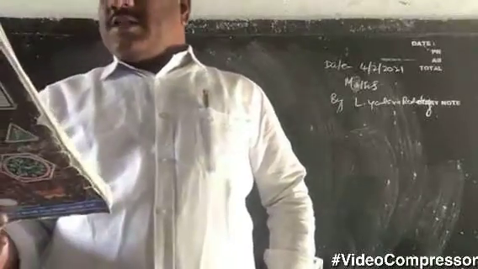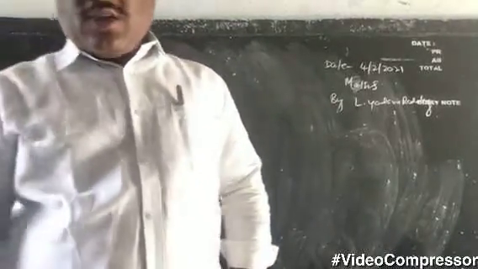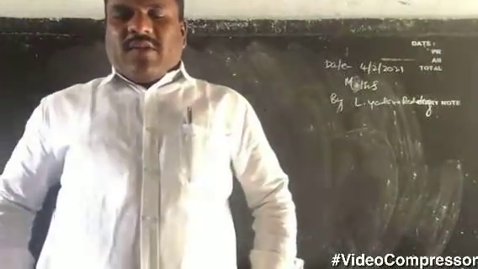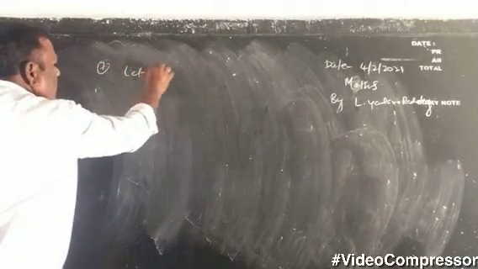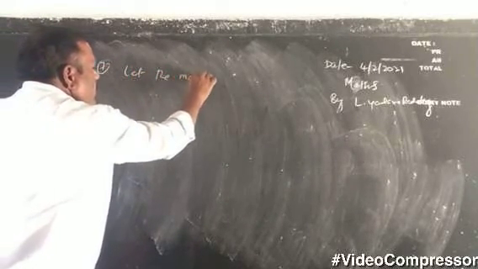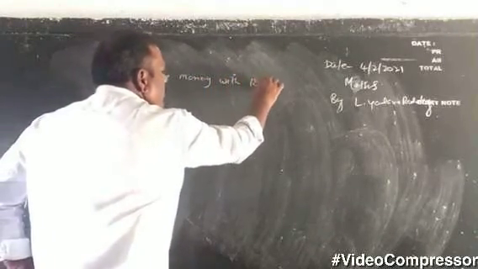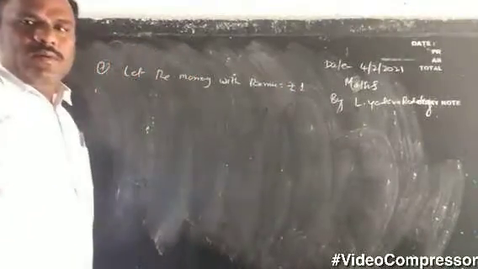Find the ratio of money spent to the money with him at the beginning. So children, for this you have to let the money with Ramu equal rupees 1, children. You can take rupee 1.